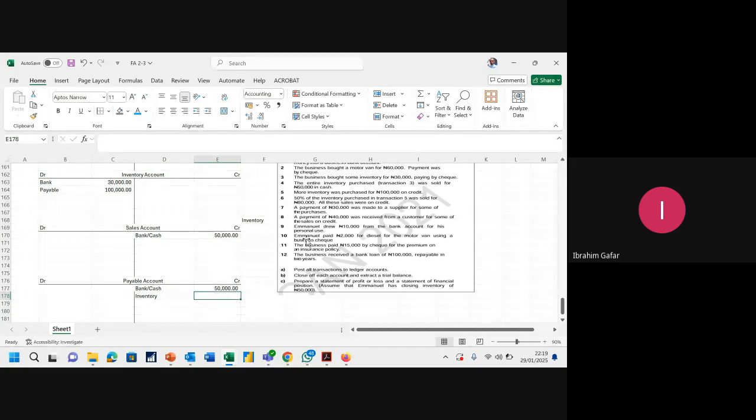Once you pay, let's say you now pay 5 out of those 10 people, that means you've paid out 50,000 naira. You debit it to that payable account and credit your bank where the money flows out. Debit the receiver. Who is the receiver? The payable account has received it, which signifies those 5 people that you were owing. They now credit the bank where you pay the money out. Is it fine?